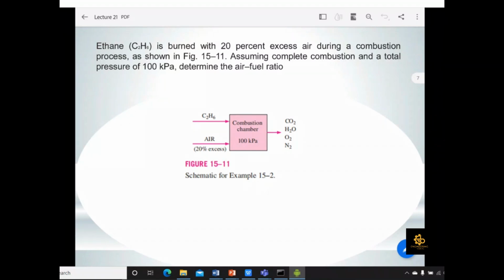In this question it is mentioned that ethane is burned with 20% excess air during the combustion process. You can already see what the products and reactants involved in this chemical combustion process are. Assuming complete combustion and a total pressure of 100 kilopascals, you have to determine the air-fuel ratio by using these steps.